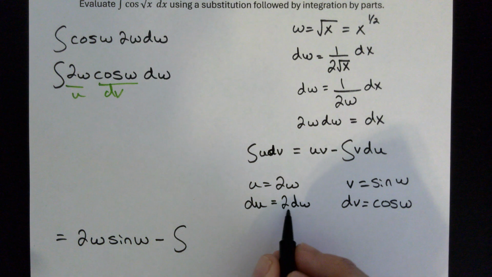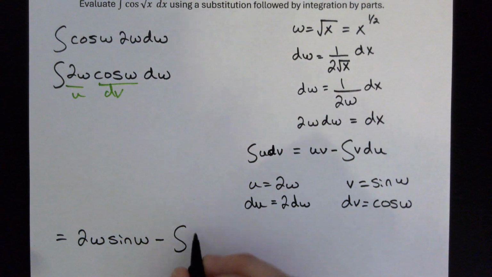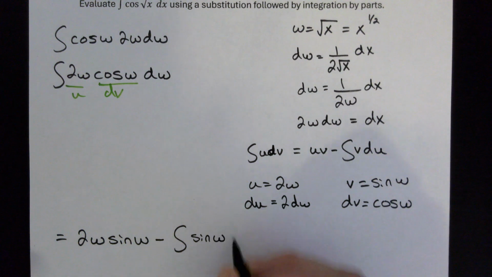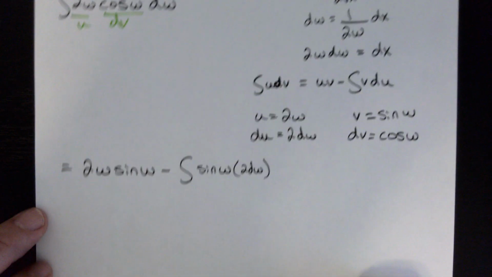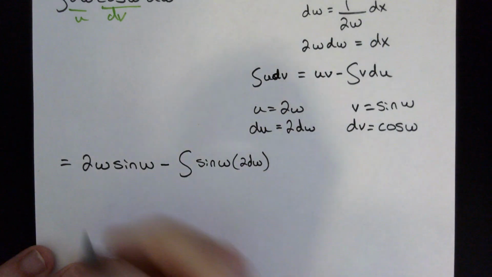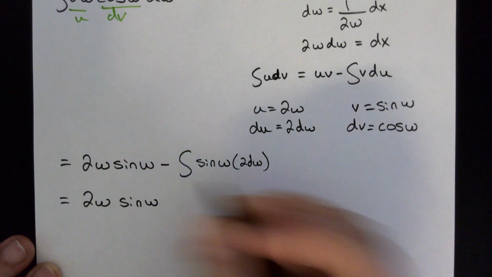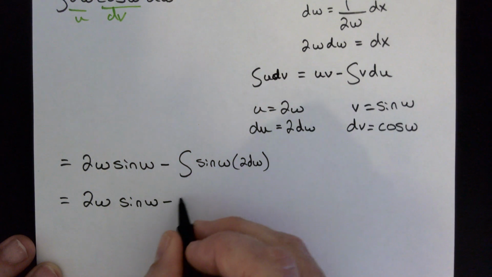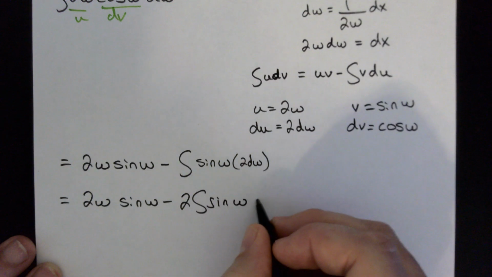So the v part is sine w, and the du part is 2 dw. If we clean that up, we can move that 2 out to the front, leave the dw on the end, so that'll be 2w sine w minus 2 times the integral of sine w dw.